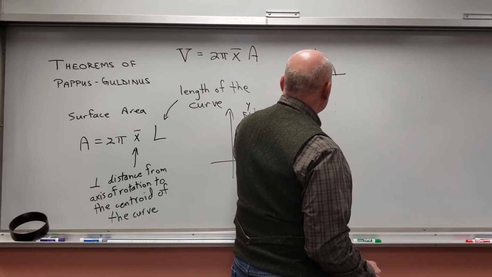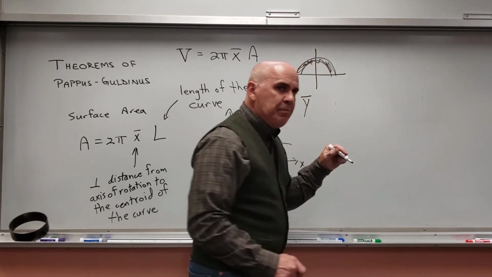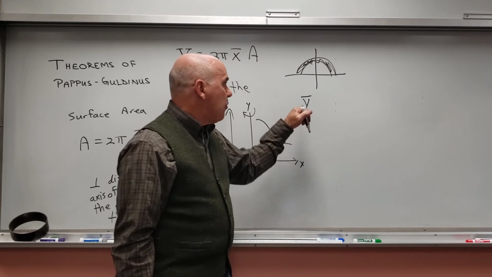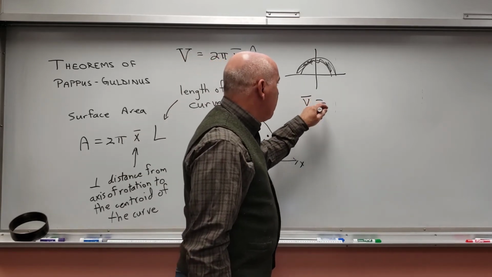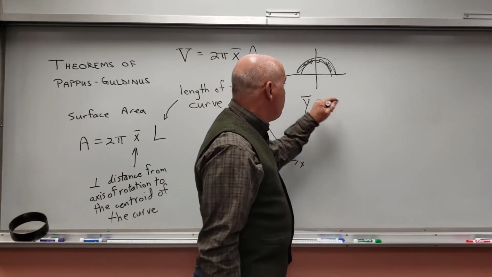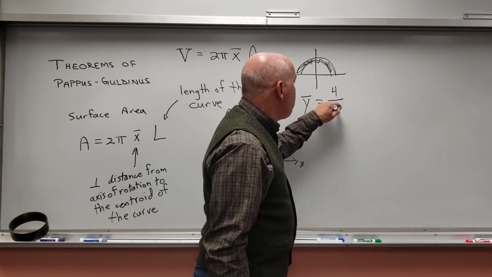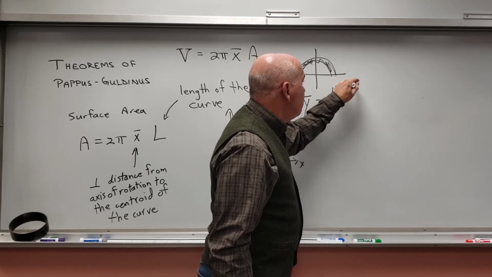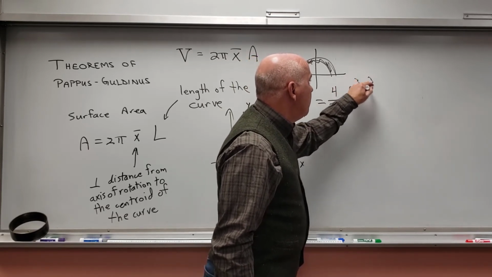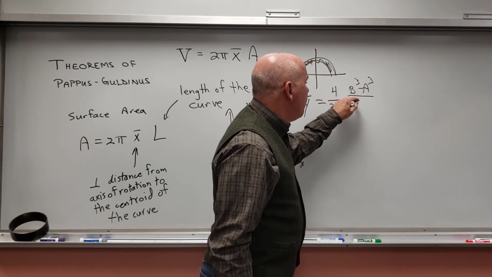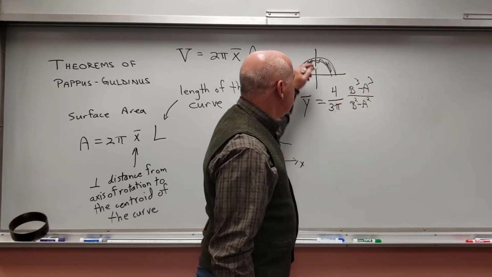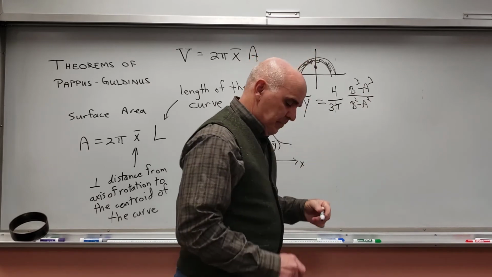And we discovered that y bar for this shape was equal to 4 over 3 pi times (b cubed minus a cubed) over (b squared minus a squared). So let's say that's somewhere right here.